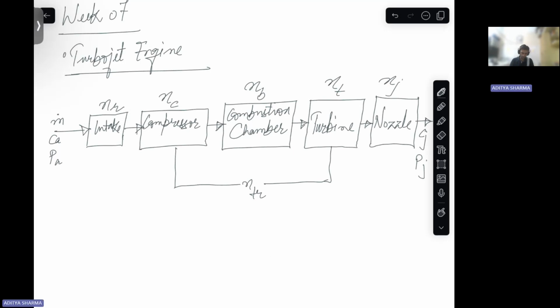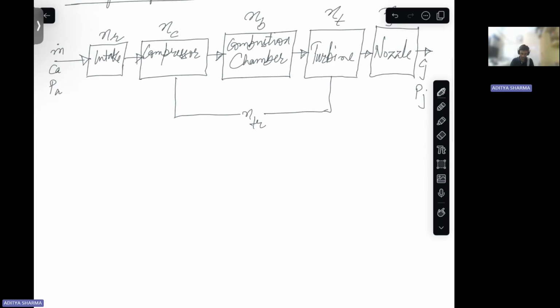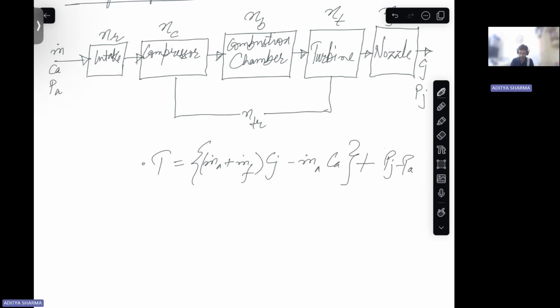Then the expression for thrust has been given, which is mass flow rate of air plus mass flow rate of fuel. This also we have seen previously. This is because of your jet velocity part, and this is because of your pressure at the exit and inlet. Right?